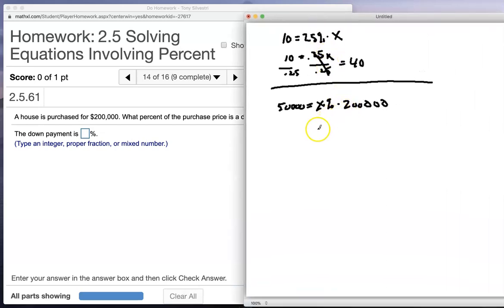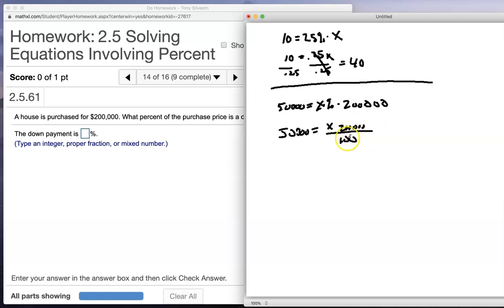First off, what we're going to do is say X over 100 equals 50,000 over 200,000. Right now, you might want to take the reciprocal, but you don't need that.